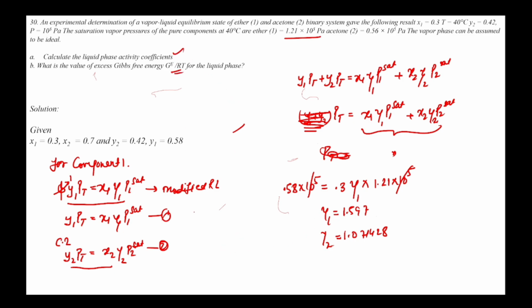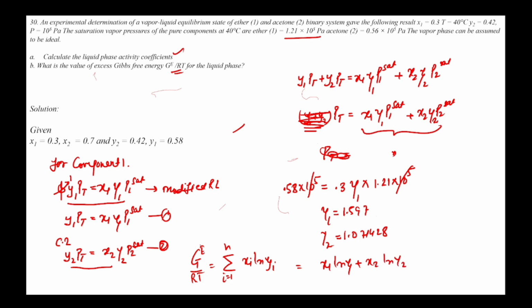Now delta G upon RT is equal to summation from i equal to 1 to n of xi ln gamma i. So for two components, x1 ln gamma 1 plus x2 ln gamma 2.